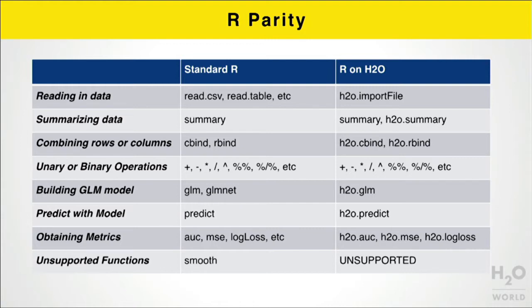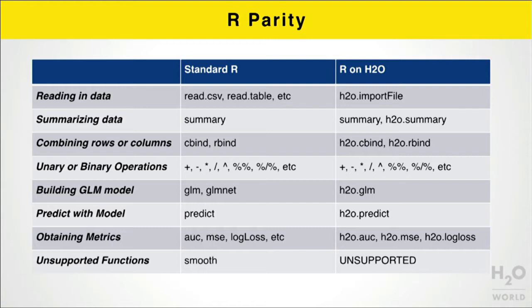Here is a quick summary of R as well as Python parity to whatever you might currently have in R or scikit-learn, where you will replace functions like read.csv with h2o.importFile. Summary will work the same. You can bind columns and splice them. Unary and binary operations are also supported.